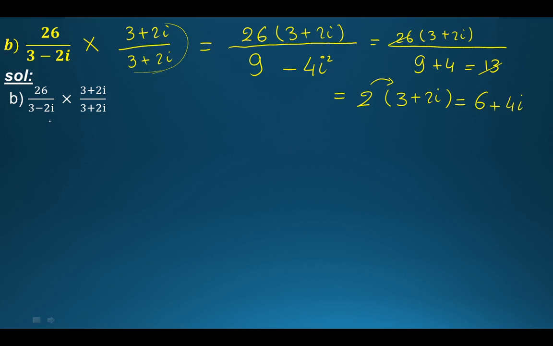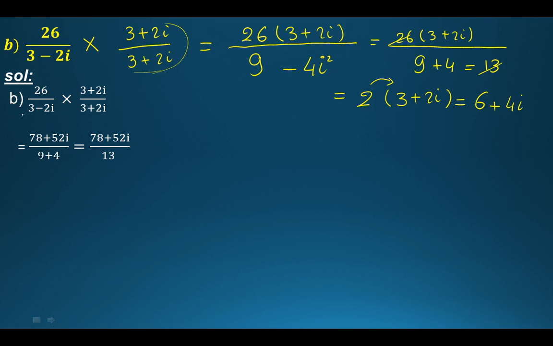26 over 3 minus 2i multiplied by the conjugate up and down. The conjugate of 3 minus 2i is 3 plus 2i over 3 plus 2i. Here, 26 multiplied by 3 equals 78, and 26 multiplied by 2i equals 52i. The denominators are a difference of two squares.